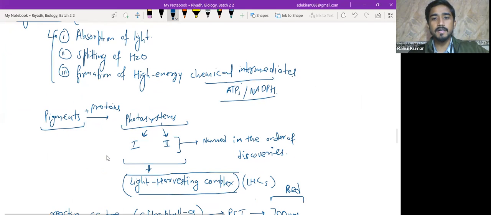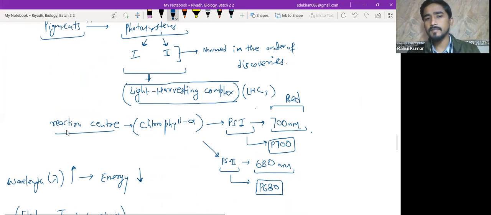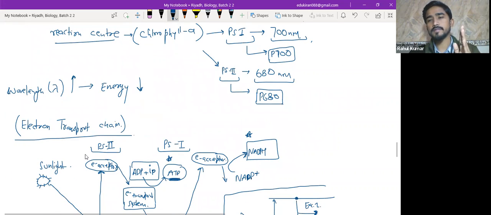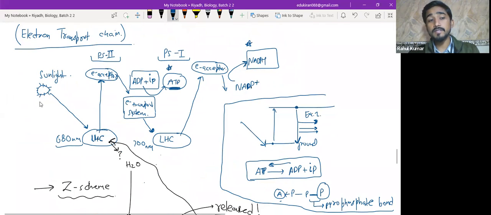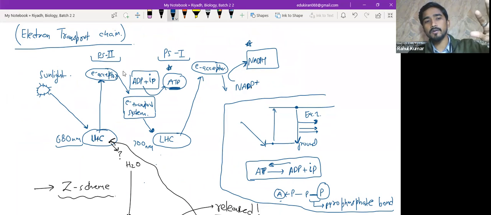Then we went on to understand the photosystems, the LHC, the reaction center of chlorophyll A. There are two kinds of photosystems, photosystem 2 and photosystem 1, and how the energy trapped from sunlight is captured by the LHC of PS2 at a lower wavelength and higher energy, and then how this electron excites to an excited state and gets accepted by the electron acceptor.